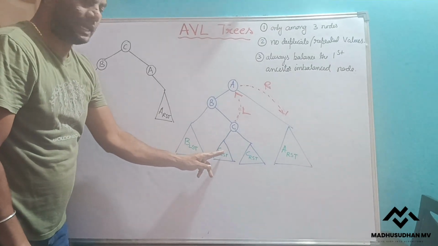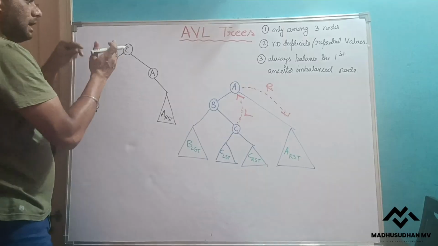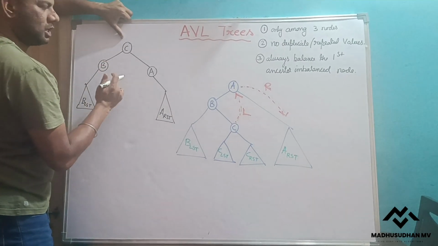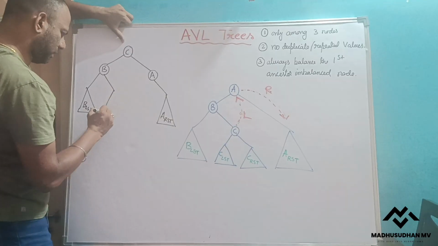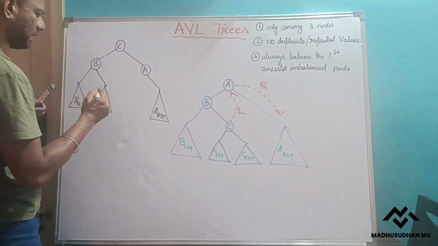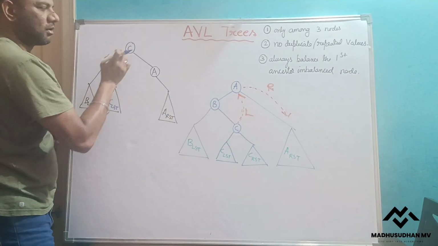Now this C left subtree is lesser than C. Lesser than C should be where? Towards the left subtree only, and I have space here, so I keep it here. This is your C left subtree, which comes to the left of C only.